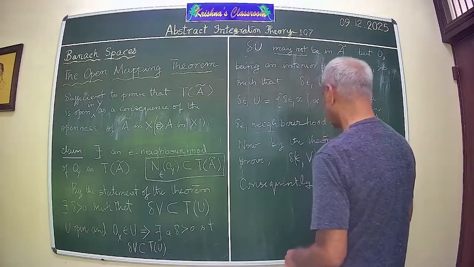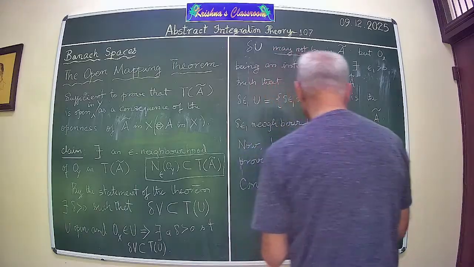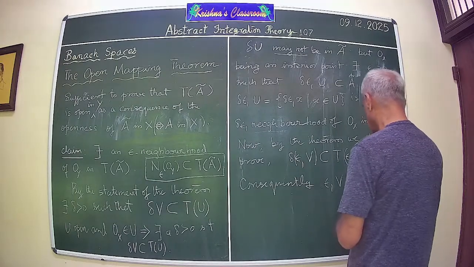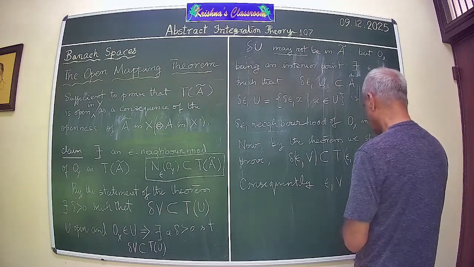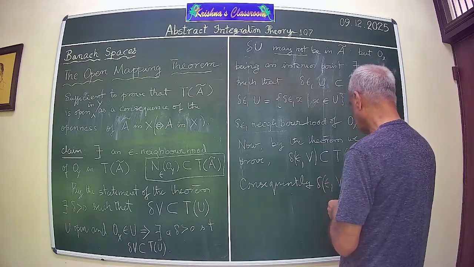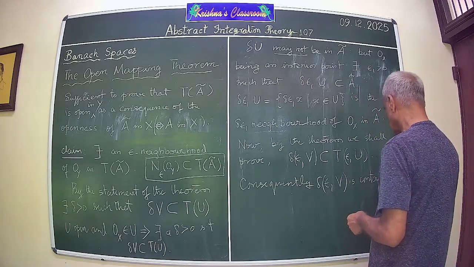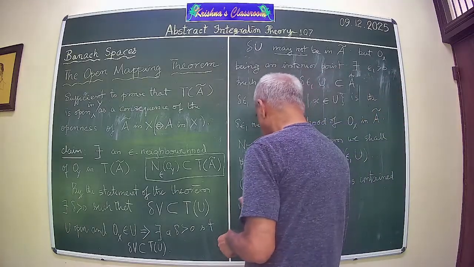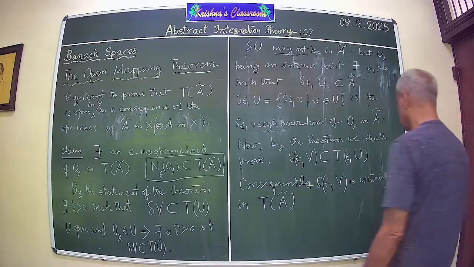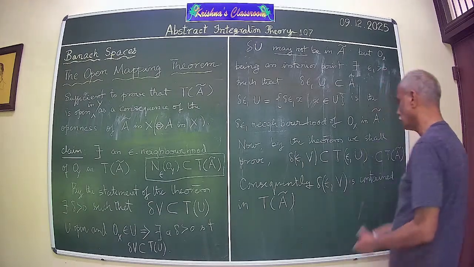epsilon 1 V is P of 8. Now this of course is contained in P of 8.